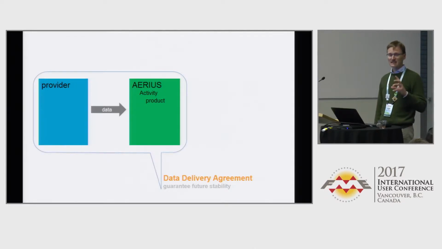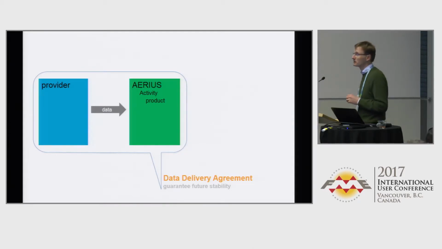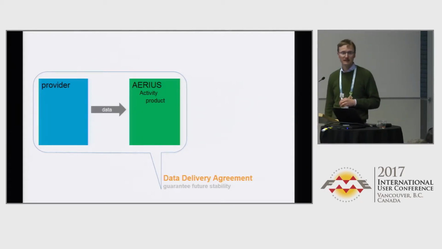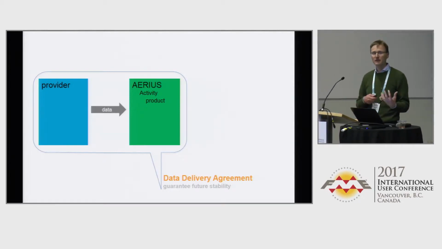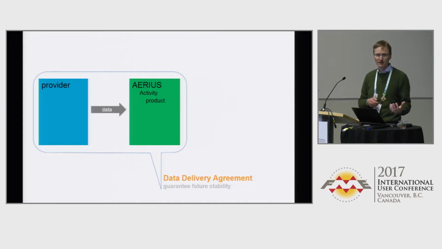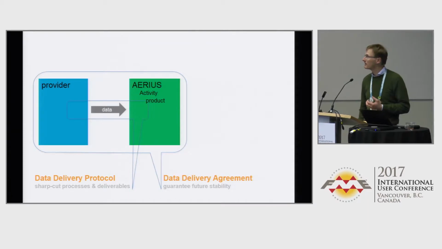The first thing I do is get a data delivery agreement, to guarantee future stability. I'm making sure that every week the deliveries come in and the process can run, that people get paid, and that's essential for data management.